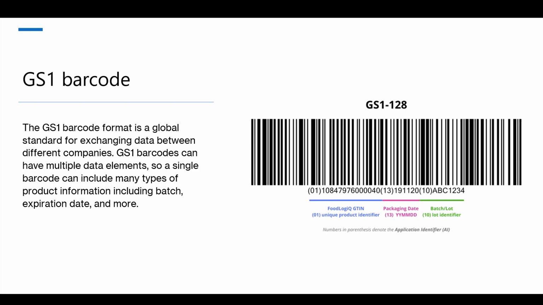The application identifier is used by GS1 to define the meaning and the format of the data attribute. So every application identifier here refers to a specific thing. For example, this is 01. According to the GS1 standards, this 01 refers to the GTIN. And then we have 13, that refers to the packing date, and then 10, that refers to the batch information.